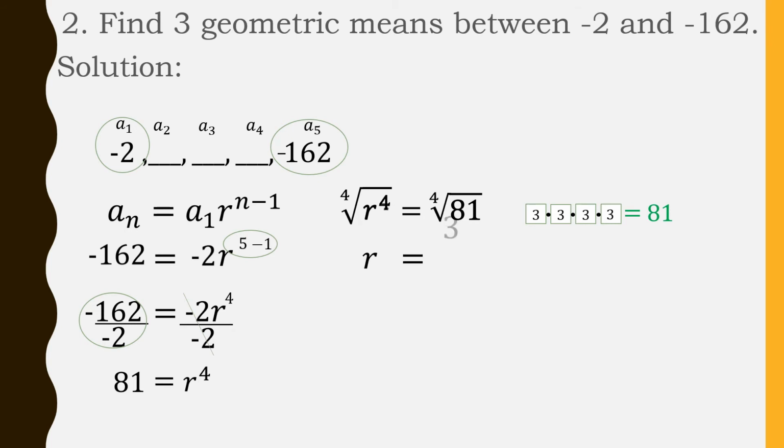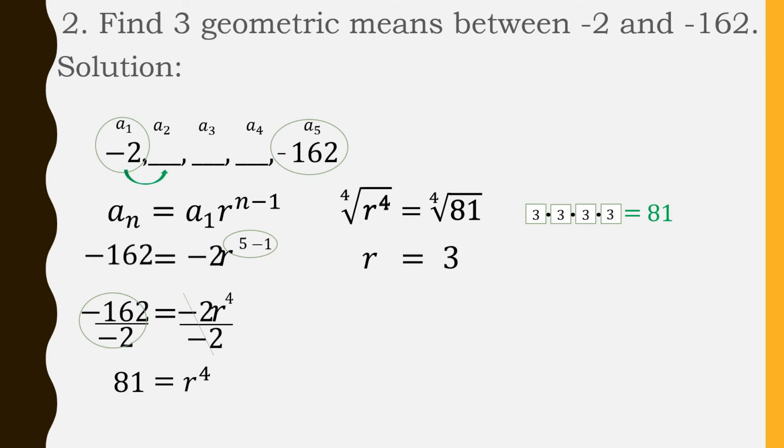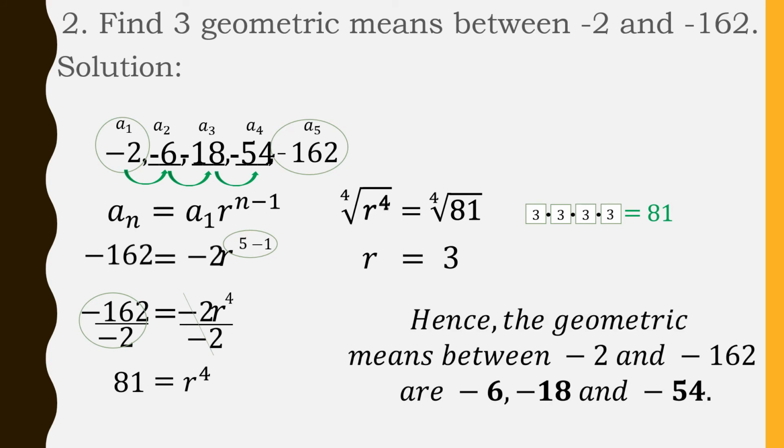So the fourth root of 81 is 3. Now we have 3 as the value of our r, so we multiply it by the first term to get the second term. We have these 3 values here as the geometric means of -2 and -162.